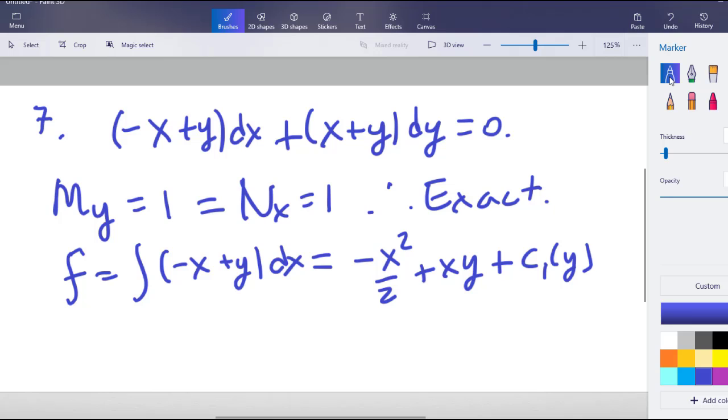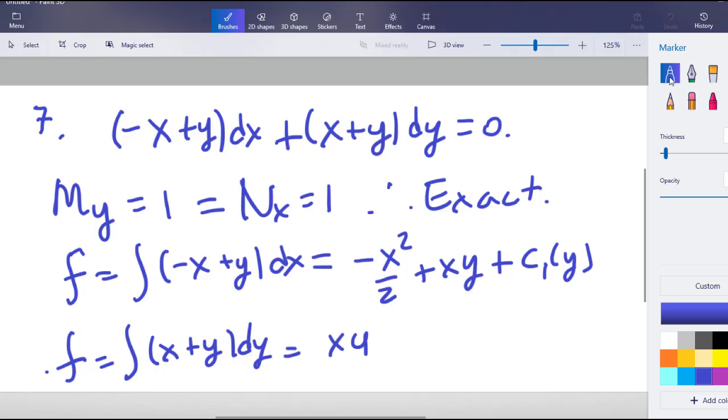You don't get a constant of integration, you get something that's constant relative to the variable that you integrated with respect to, but not necessarily with respect to y. This could involve y's. We also find f is the integral of x plus y with respect to y. That gives us xy plus y squared over 2 plus an arbitrary function of x this time.